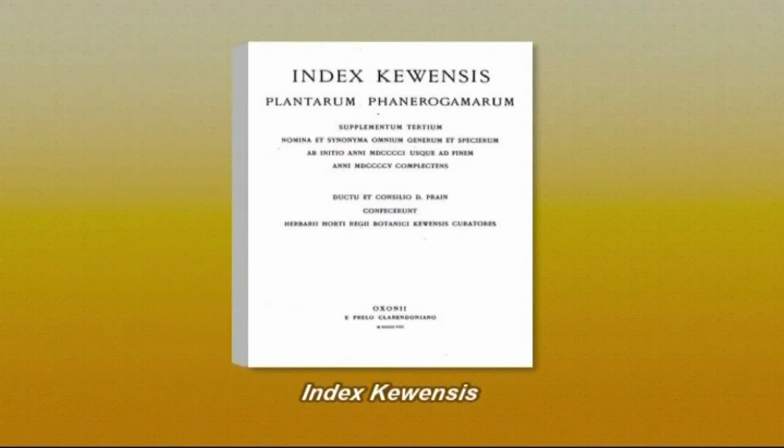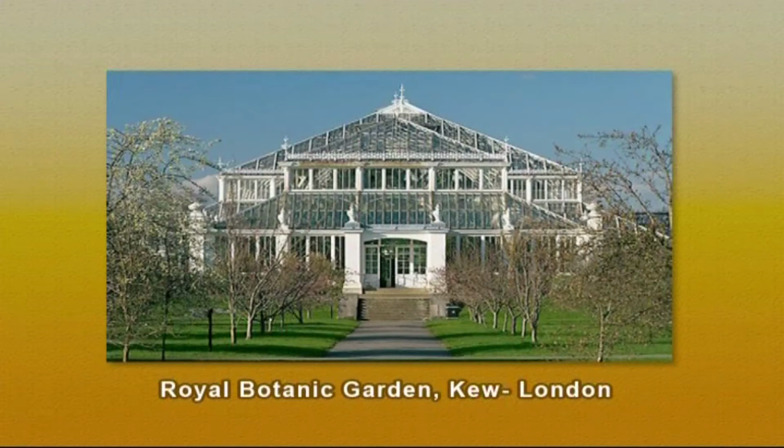The first one and the famous one is Index Kewensis, or its short form is IK. This Index Kewensis is by far the most important and comprehensive reference tool, and it has been compiled at Royal Botanical Gardens, Kew.